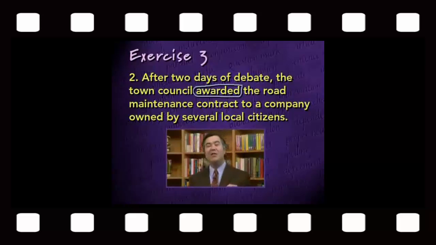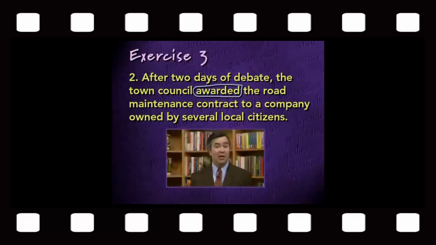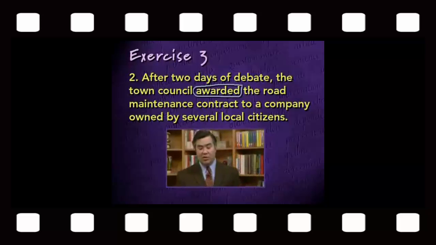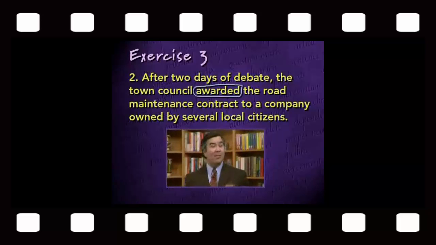Now, what about an indirect object? Is there a word or phrase that answers the question to whom or to what the road maintenance contract was awarded? Well, the answer in a way is yes, the contract was awarded to a company owned by several local citizens. But this is not being used as an indirect object. Remember, an indirect object would have to be placed between the verb and the direct object.